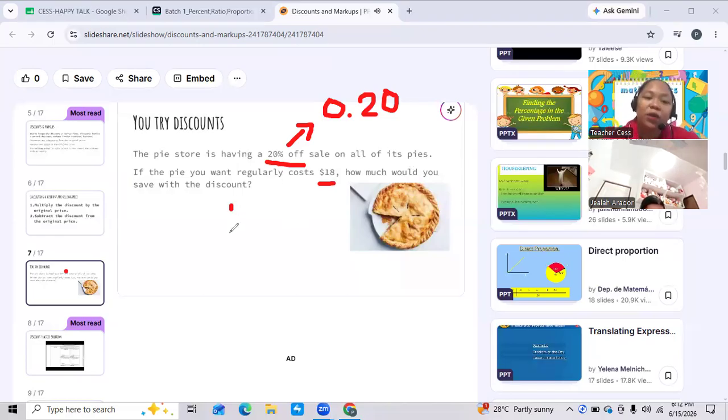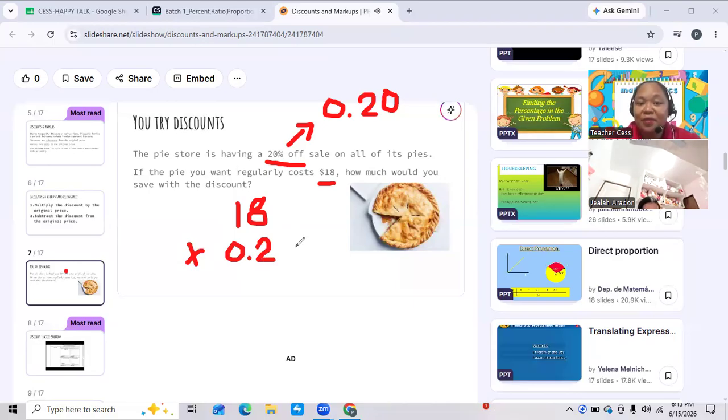Why are you going to multiply 0.20 to 18? So that I can find the price. What are you going to get? The discount, which is the 20% discount. So if you're going to find the 20% discount, you multiply 18 by 0.20.